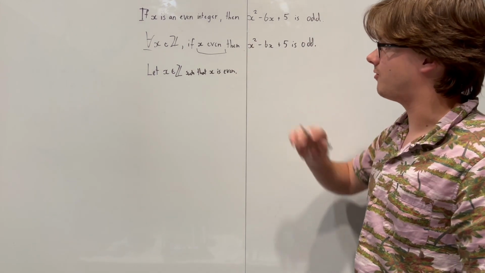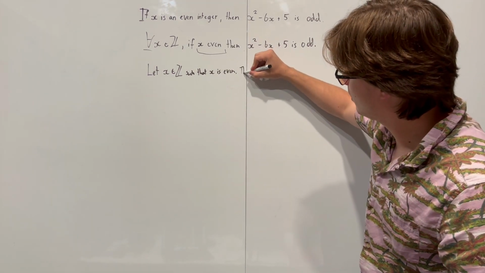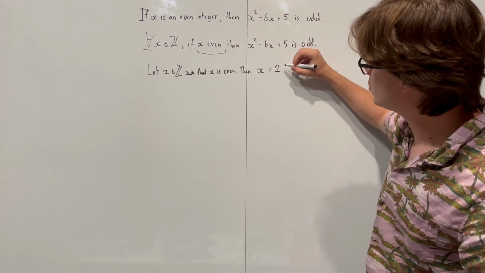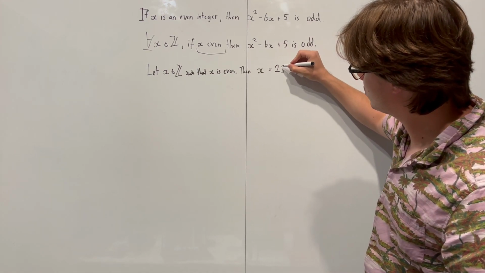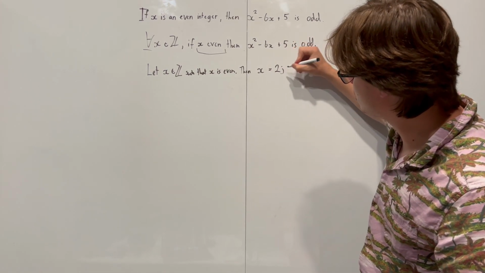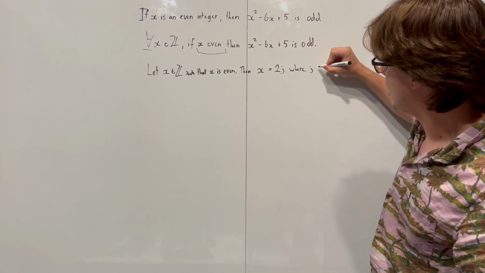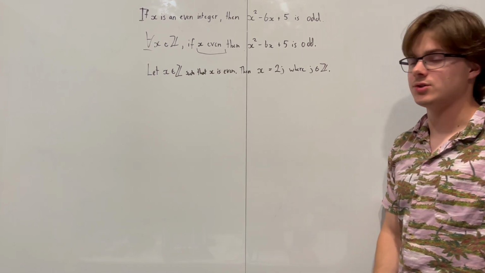Next, we need to define what we mean by even when we say x is even. So let's say then x is equal to 2, let's pick a random letter j, 2j, where j is an integer. Okay, awesome.